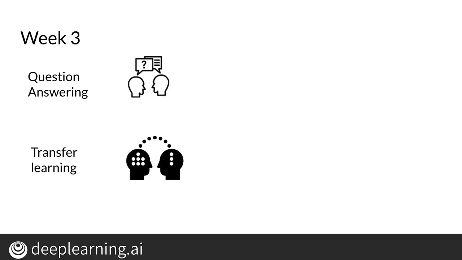So let's dive in. In week 3 of course 4, you're going to cover many different applications of NLP. One thing you're going to look at is question answering. So given a question and some context, can you tell us what the answer is going to be inside that context? Another thing you're going to cover is transfer learning.